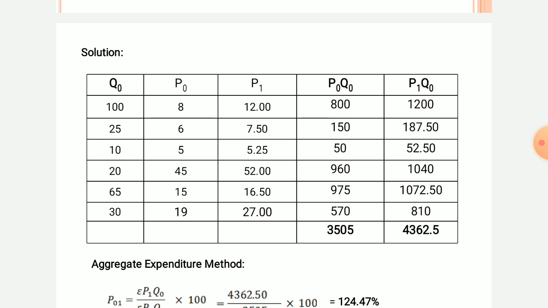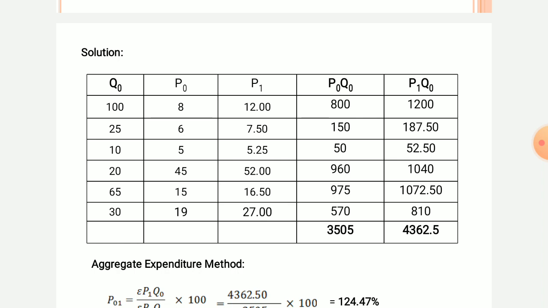And then calculate P1Q0. P1 into Q0 is equal to P1Q0: 12 into 100 is 1200, 7.5 into 25 is 187.50, 5.25 into 10 is equal to 52.50, 52 into 20 is 1040, 16.50 into 65 is 1072.50, and then 27 into 30 is 810.